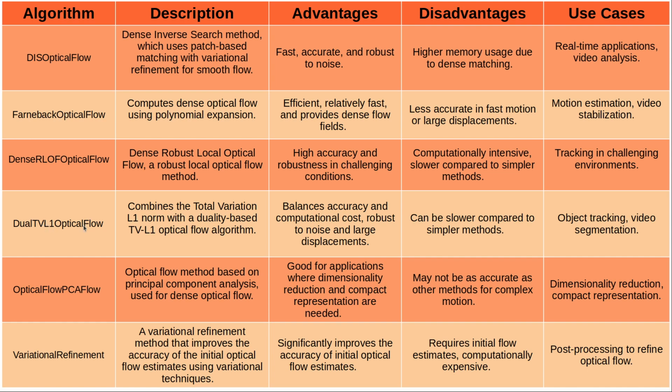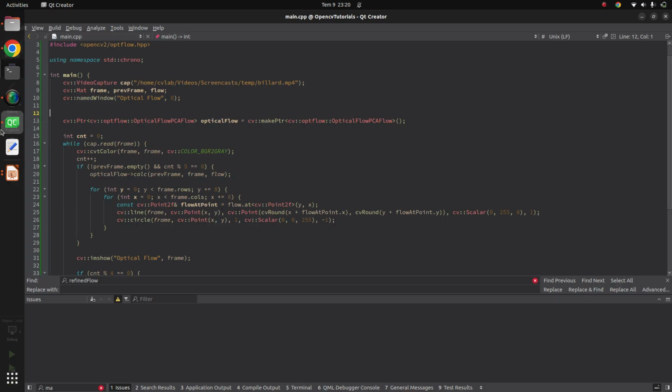In that case, at the flow output, you can apply one more variational refinement, and it is going to try to improve the results. Of course, the only disadvantage is that this is computationally expensive, because you already apply this, and you are also applying this variational refinement. So you can check the table detail later, and we can switch to the code part.